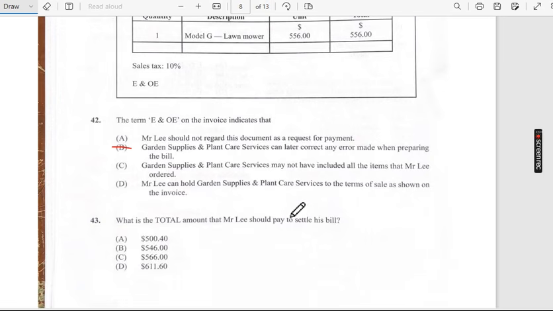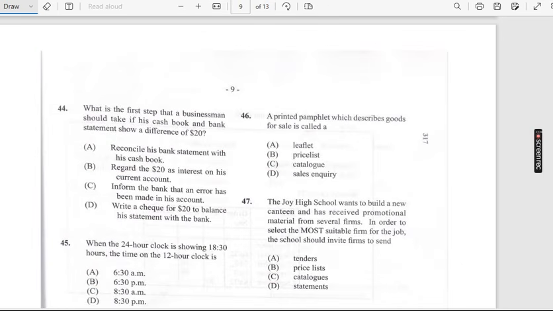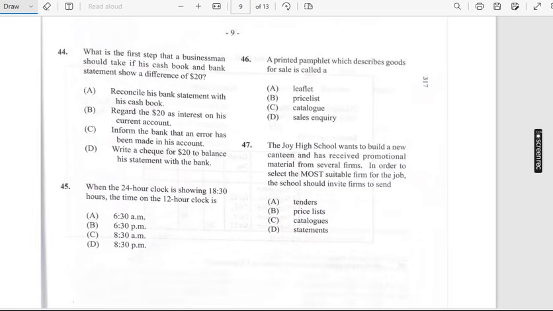And the total he should pay to settle his bill. Total. There is no tax. It says sale tax 10%. So it takes 10% of this. I'm gonna go with 556 on that one. Alright.